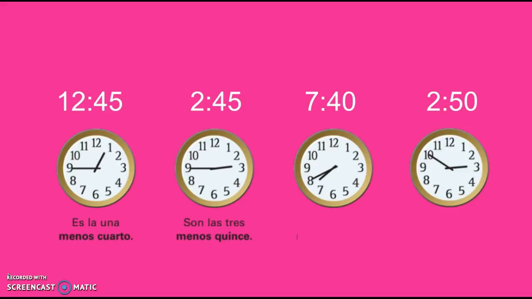You can also use the term menos whenever it's anything after the half hour. So to say 7:40, if you wanted to say like it's 20 minutes till 8, you would use son las 8 menos 20. Or 2:50, if you wanted to say it's 10 till 3, then you would say son las 3 menos 10. So the word menos means minus or less.